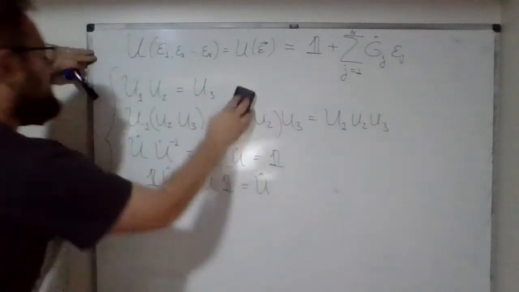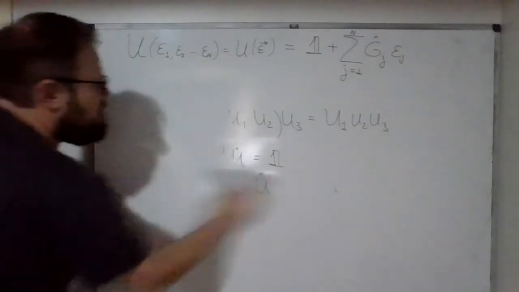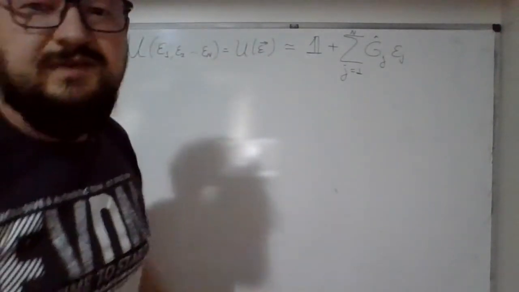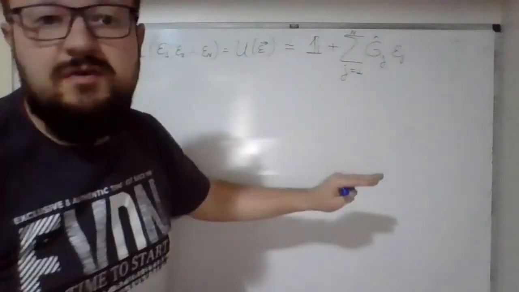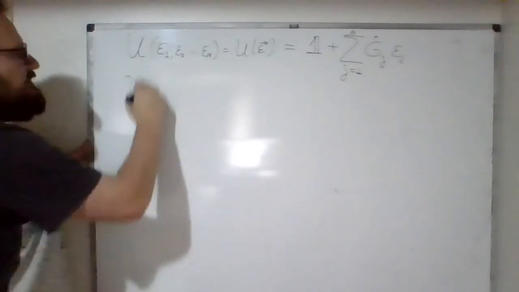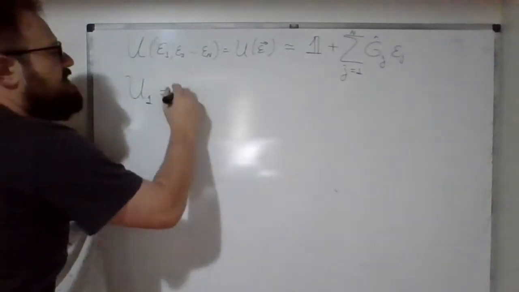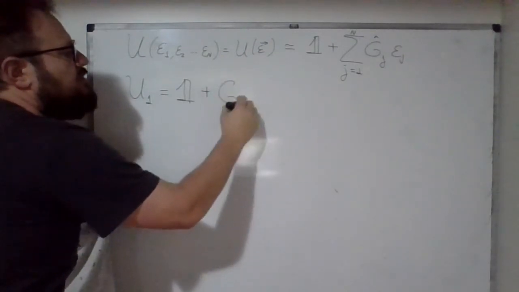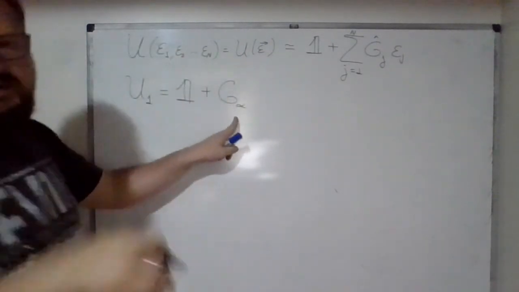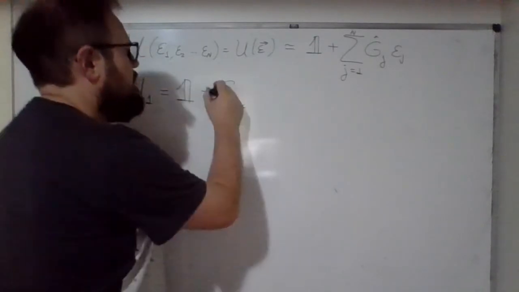Well, so let us specify two infinitesimal transformations in a group which has n generators. The first will be this one, the identity plus some G alpha. Alpha can be anything. Imaginary here.